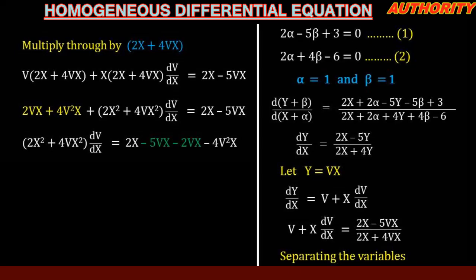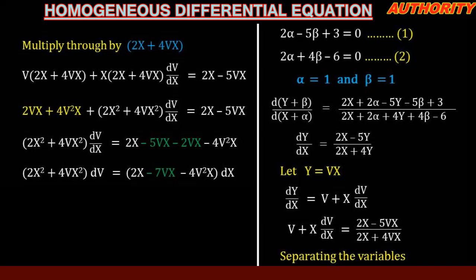So when we multiply both sides by dx, we are going to have 2x squared plus 4vx squared dv equal to 2x minus 7vx minus 4v squared x in bracket dx.